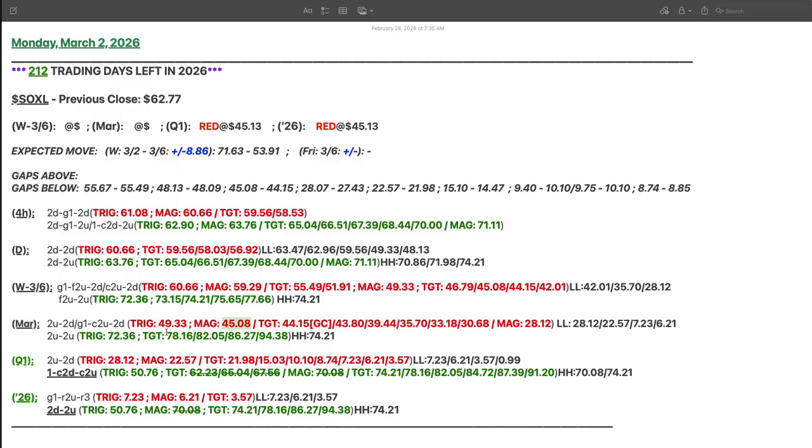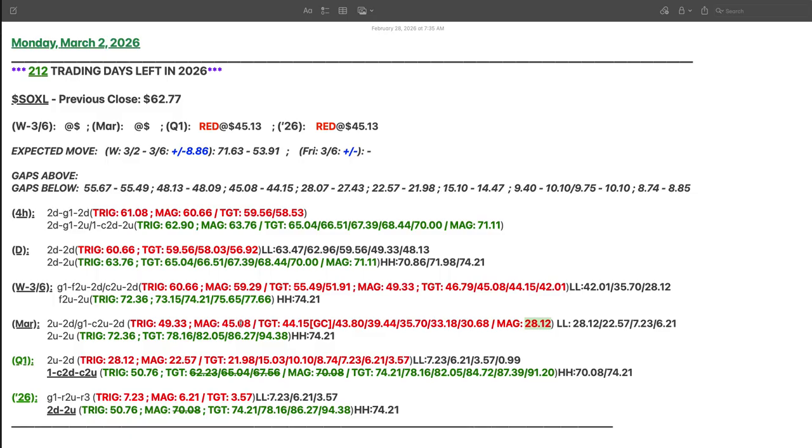But if we do go below 45.08, that does trigger technically a 1 combo 2 up, combo 2 down. Magnitude being all the way down here at 28.12, right? So that would be a huge move to make in a month. Not saying that it won't happen or that it couldn't happen. It definitely could, but not something we expect to happen.